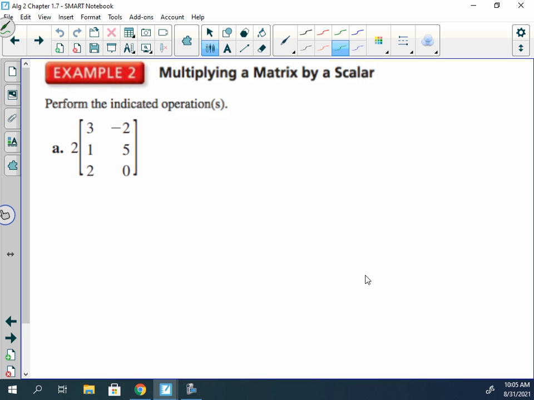So we want to perform the indicated operation. Here, we're wanting to scale this matrix by 2. That means I'm going to multiply everything by 2. So I'm going to write it out. Really, we would have 2 times 3, and 2 times negative 2.